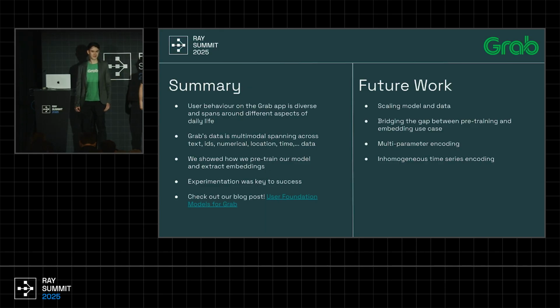But we do use publicly available text embeddings to help us encode some of the context, like the descriptions and the cuisine tab. This is common knowledge that everyone understands. So on that part, we do use publicly available embeddings.